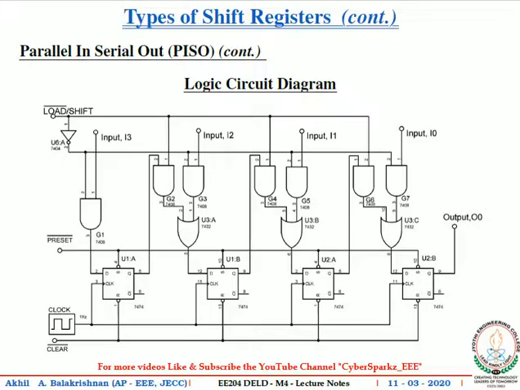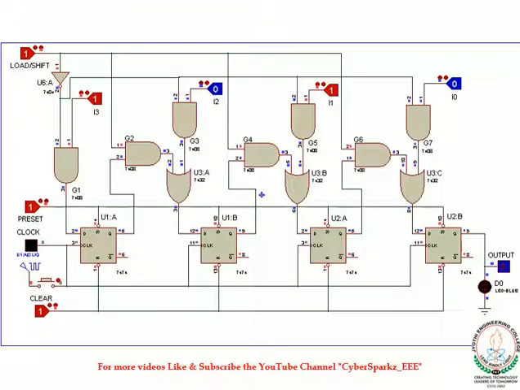So in order to understand the working of a PISO shift register, let's have a live simulation. The circuit diagram shows a 4-bit parallel in, serial out shift register. So as usual, check the output of the flip-flop using the asynchronous inputs. Making the preset 0 will make the output 1, and making the clear input 0 will make the output 0.